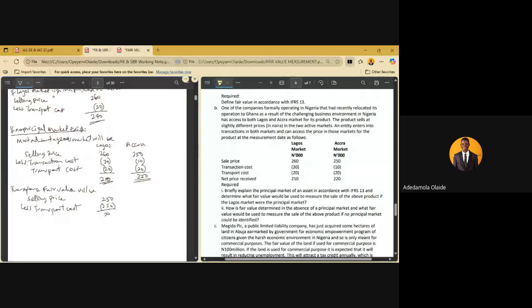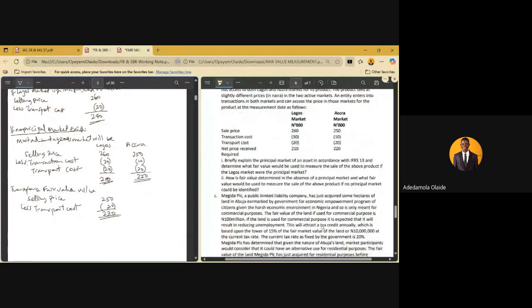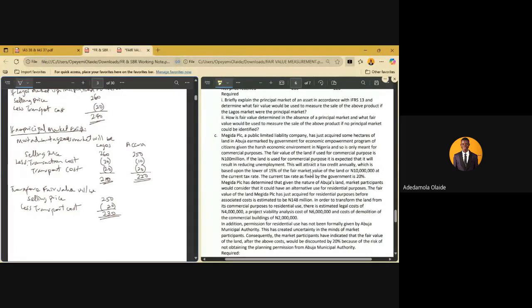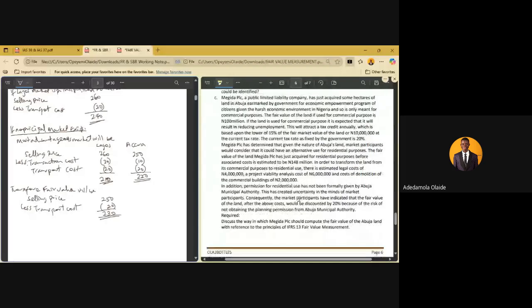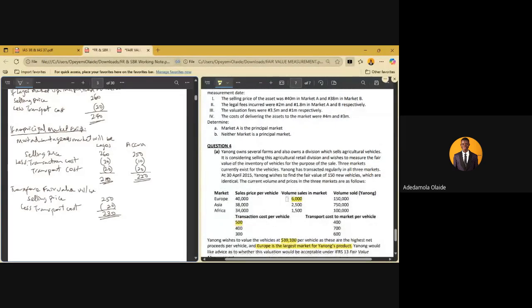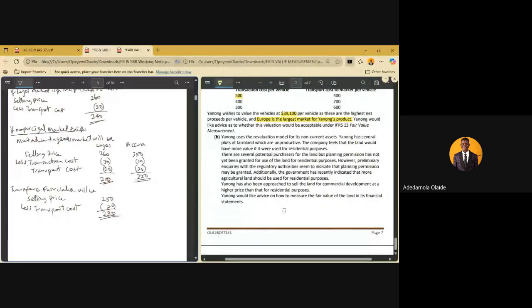Sorry, transport cost is 20. So the fair value will be 230 per unit. So I think this relates to the other one we did the other time. So I think that will be all.